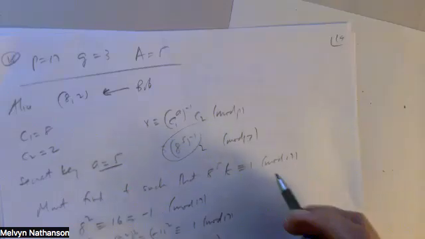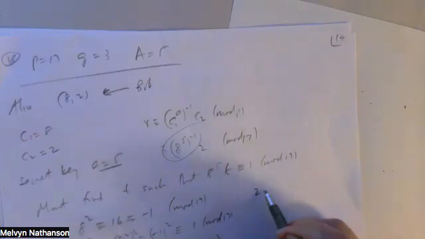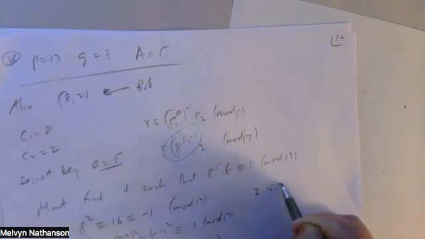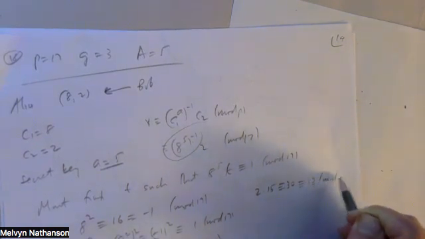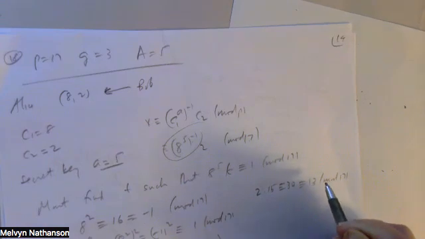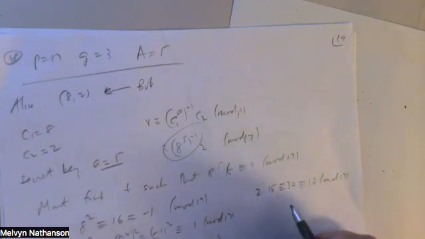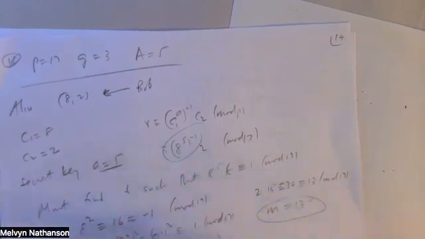So this number is 15, and 2 times 15 is 30, which is 13 mod 17. So M, what we're looking for, the answer is 13.